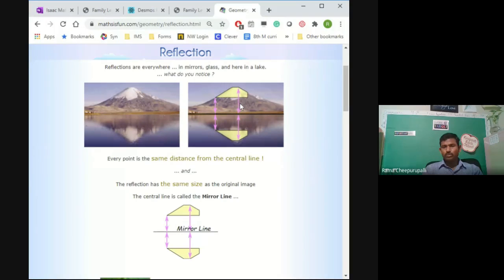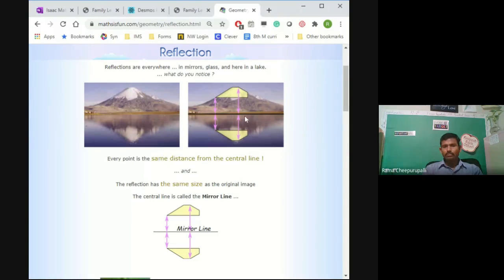In the second picture, you can see there is a little shape, and then you can see the distance from the line of reflection. The line of reflection means where it is flipping over. Yes, it is just a flip. But where it is flipping over, that is really important.